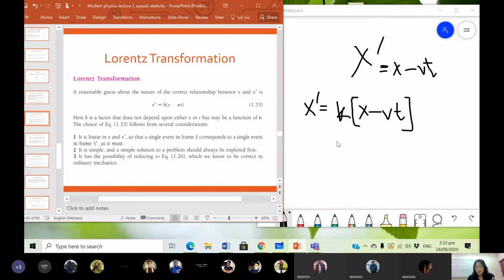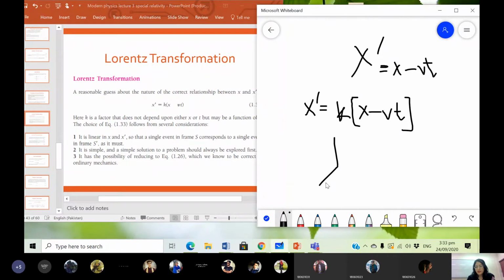Because we have two reference frames, and k is a factor that takes into account the velocity of the frame that's moving with respect to another frame. But x and t are coordinates that depend on a particular frame.